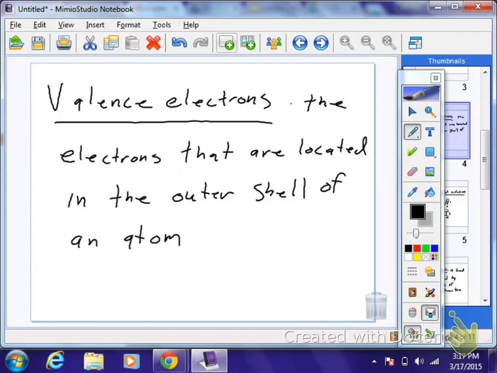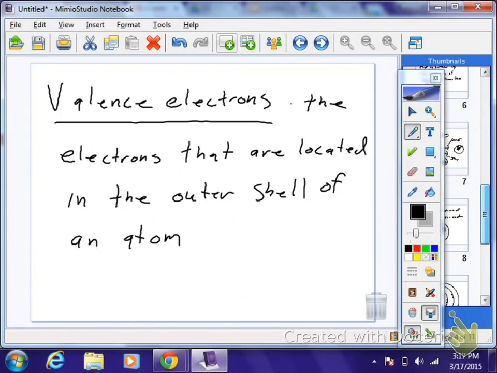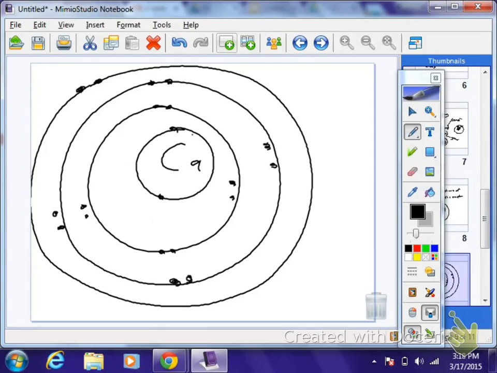Then we would count across, counting potassium as 1 and calcium as 2. As we go across that row, that tells us the number of valence electrons in the outer shell. So how many electrons does calcium have in the outer shell? What do we say? 2. There it is. So that's how many valence electrons it has.